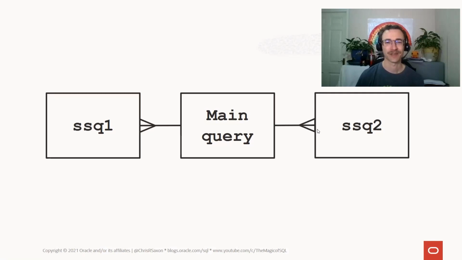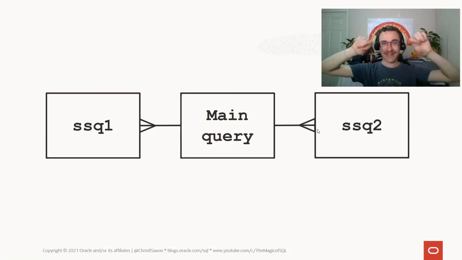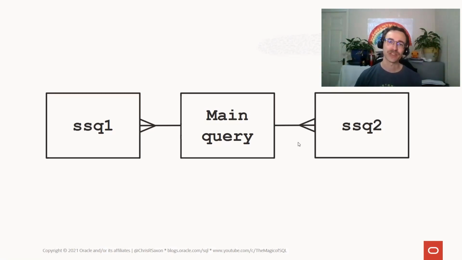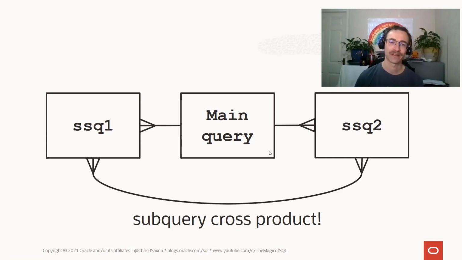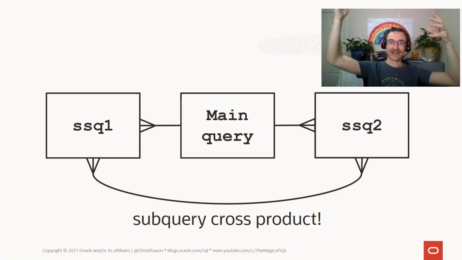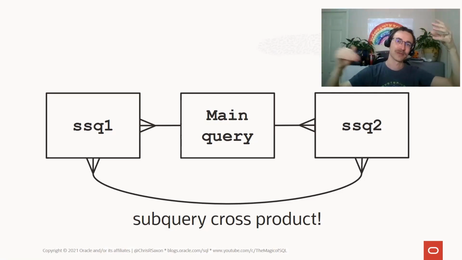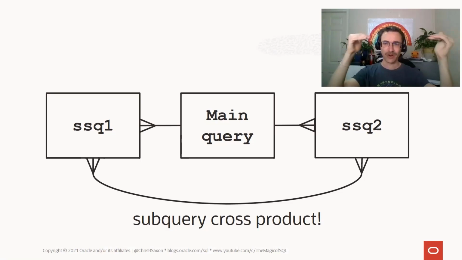And the key thing here, because we've got this one-to-many or multiple one-to-many, if we just join everything up regularly, we actually end up with the cross product of the two scalar subqueries, right? So for each row in this one scalar subquery, we're going to end up joining it to each row from the other scalar subquery, unless there's some common join criteria. And there wasn't in this case, or at least there wasn't in every case. And that will often be the situation. You don't always have common join criteria between the two.